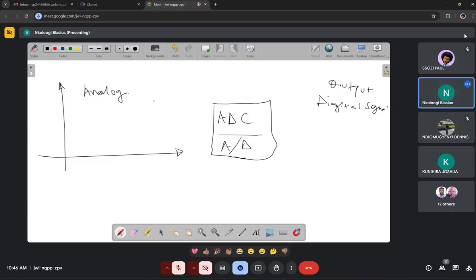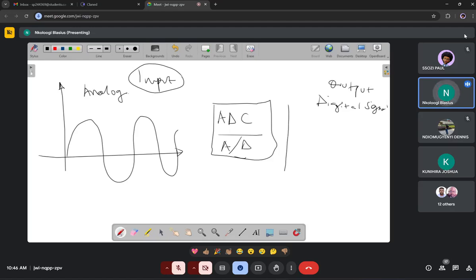So this is the input where you have the real world information, because it comes in form of sound waves like this, continuous signals. So when it is processed and represented as digital, you'll have something like this.